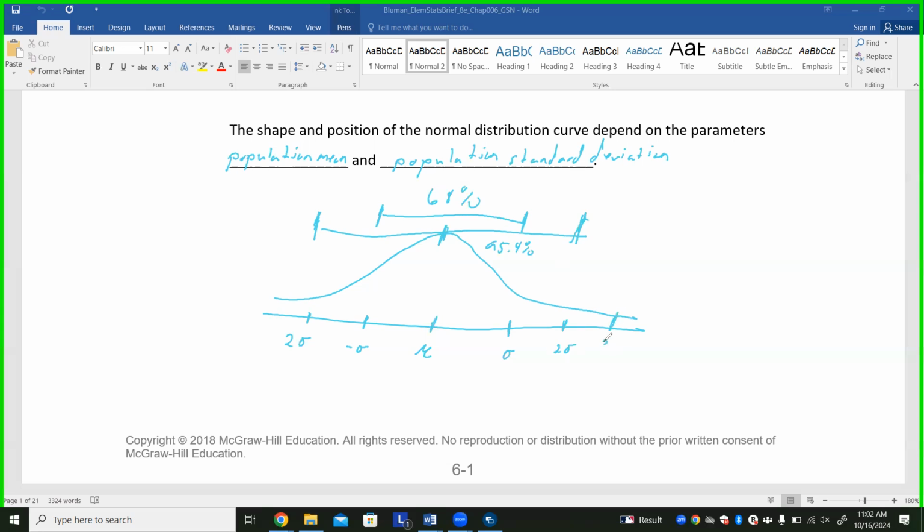And then at 3 standard deviations, we can roughly say this is about 99.97% of your data. Anything outside of that is most likely going to be considered an outlier.